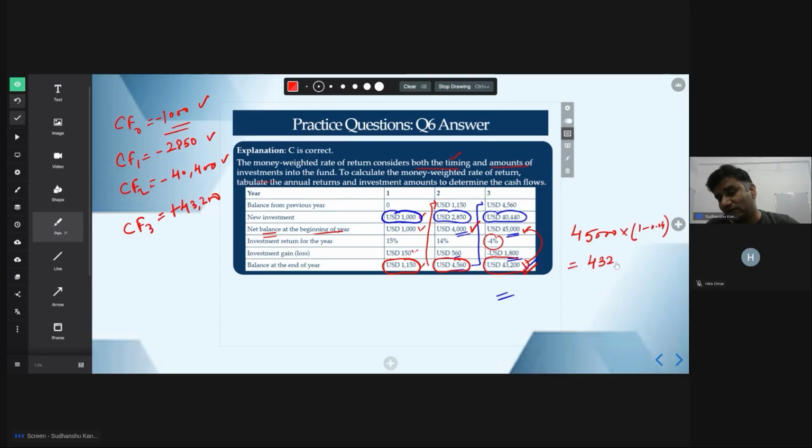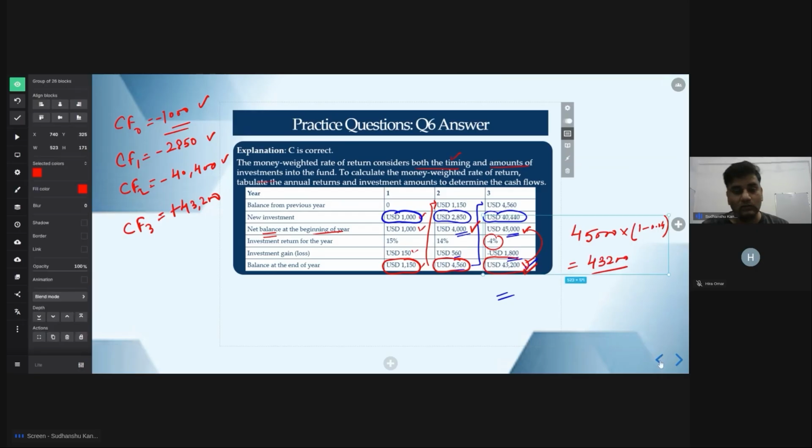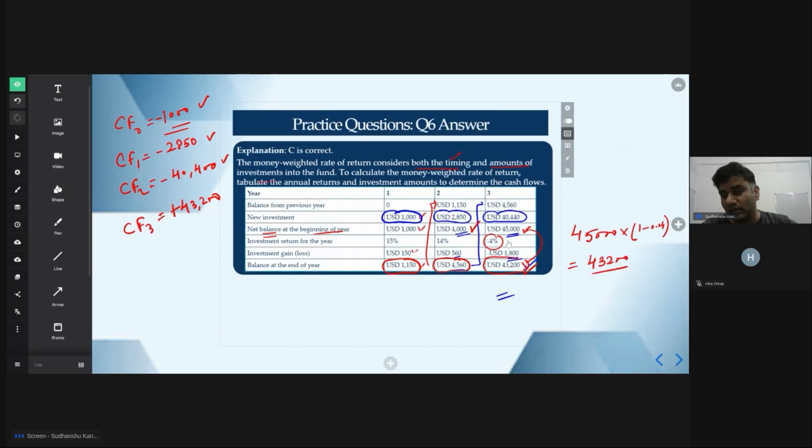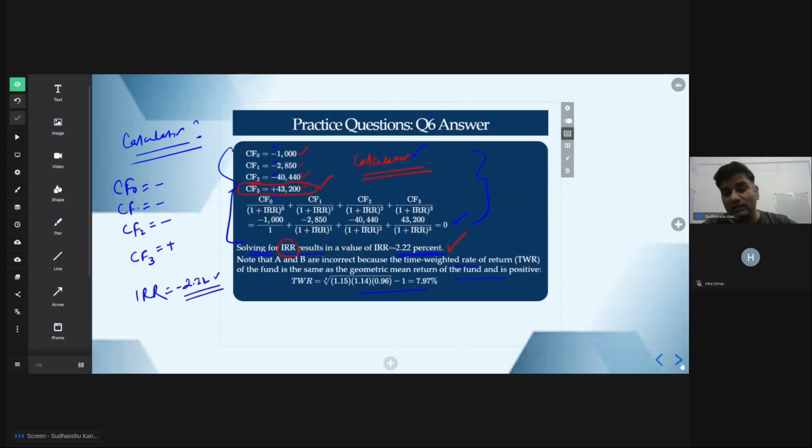So I need the ending value. Now the question is, here the ending value I calculated using whatever values I had. Same thing I have to do there also. So what did I do? 45,000 minus 4%, 43,200. Now, how do I calculate there the ending value?